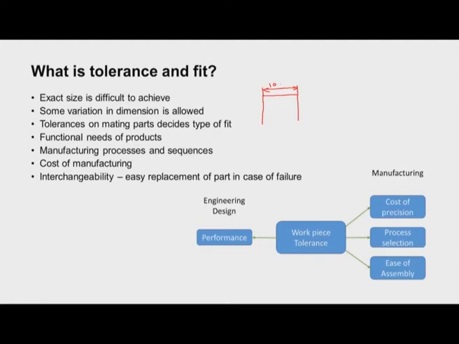Now, we know that it is very difficult to produce the shaft exactly to 10 millimeter. So, he will allow some variation in the dimension, say the shaft can vary within this size, say 0.1 mm.